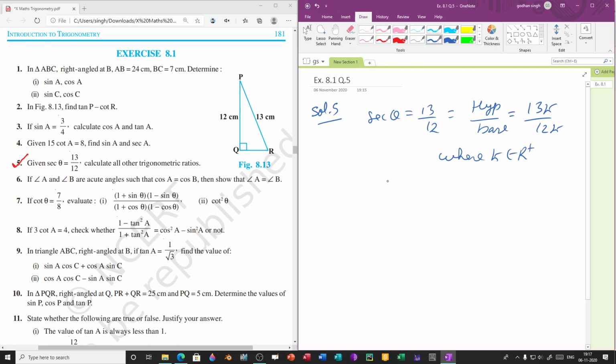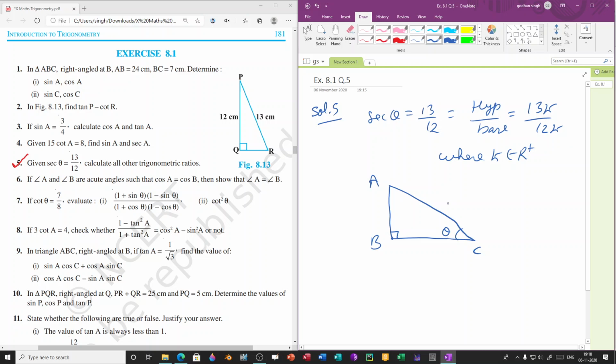So let us draw a right triangle for this. So this is the right triangle. So let us take this as A, this is B, and this is C, and this we can take as theta, and this is our 90-degree angle.